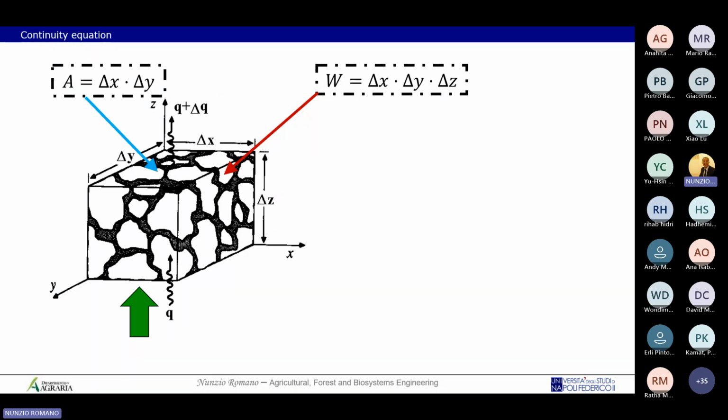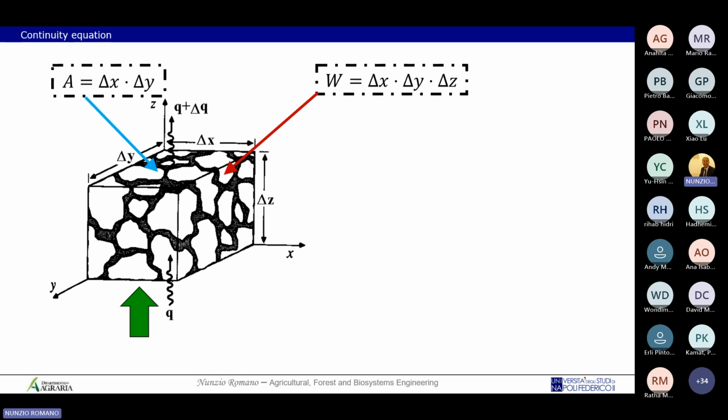But again, delta Q can be positive. That means that there is more water that goes out from the control volume. But again, we have delta Q negative. What does it mean if delta Q is negative? That some of the water that has entered in the control volume remained into the system.